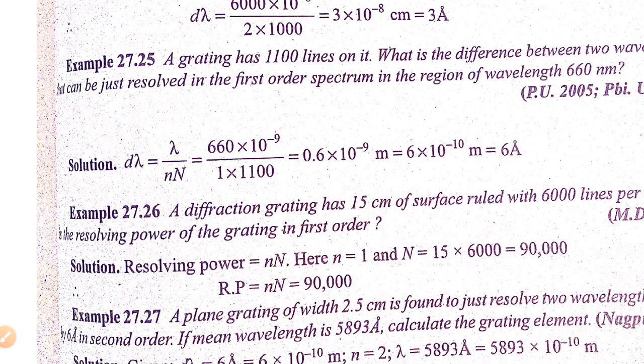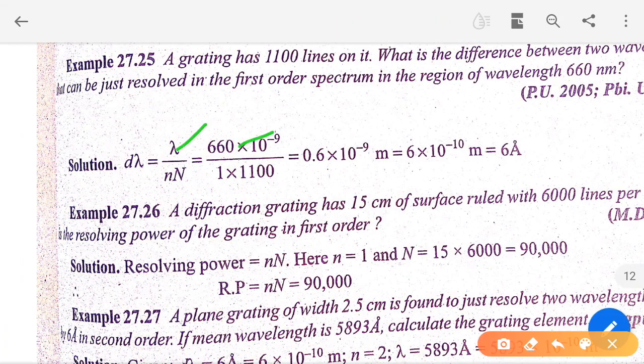We know that d lambda is equal to lambda by nN. Lambda is given, n is 1 in first order, and N is 1100 lines, so the value is 6 into 10 to the power minus 3 nanometer, that is 6 angstrom, the difference between the two wavelengths resolved.